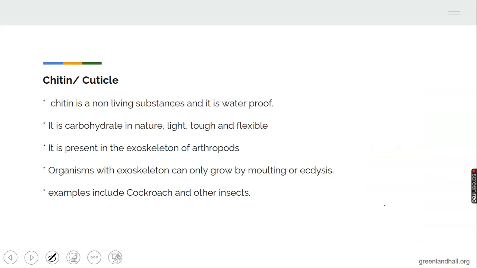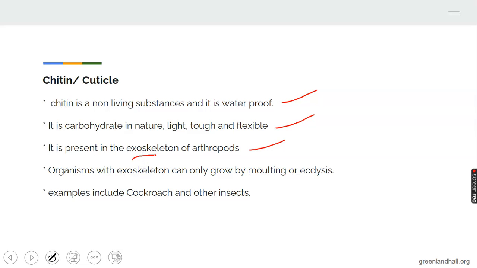Chitin is a non-living substance that is waterproof. That means water cannot penetrate through the chitin. It is carbohydrate in nature, light, tough, and flexible. It is present in the outer skeleton, the exoskeleton, of arthropods.